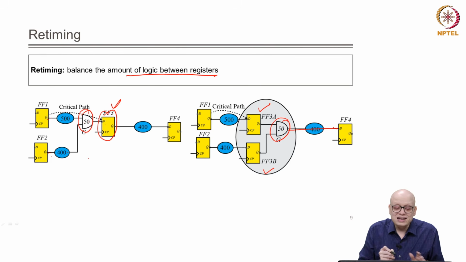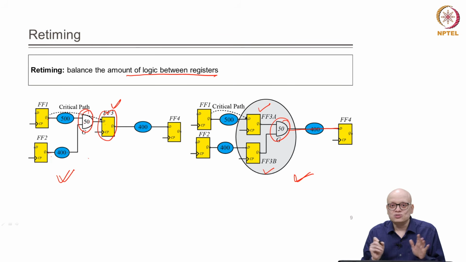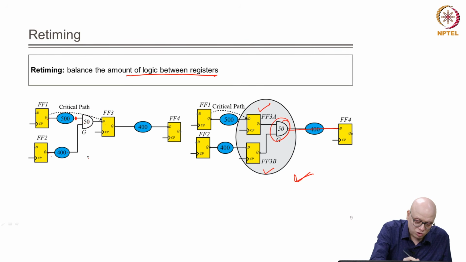Functionally, this circuit and this circuit are equivalent. There is no difference in the functionality, because whatever the output was at these points, let us call it X and let us call it Y, and this is Z, right.